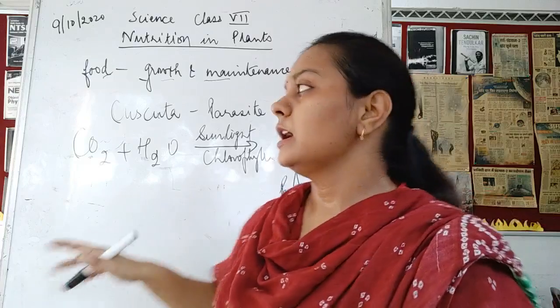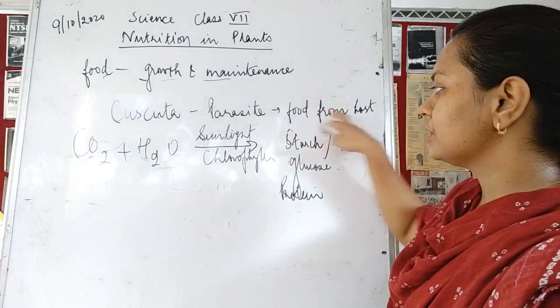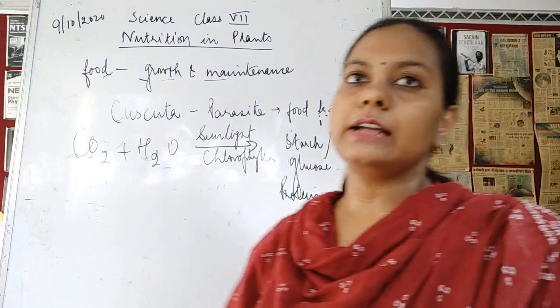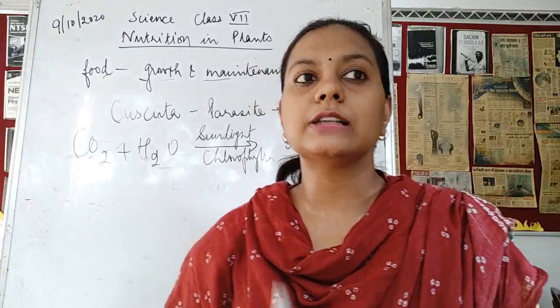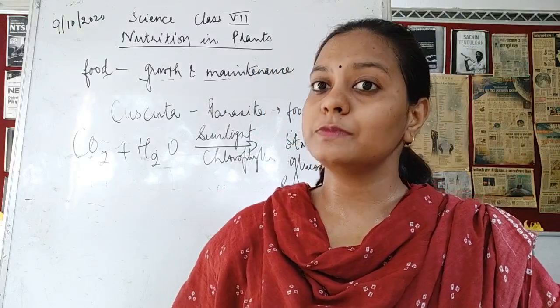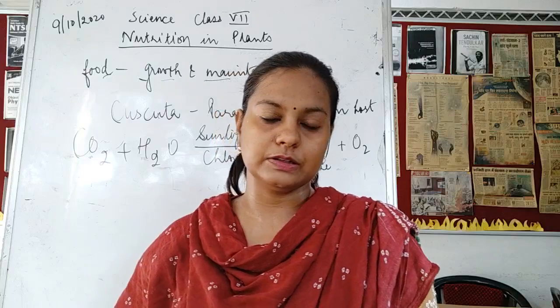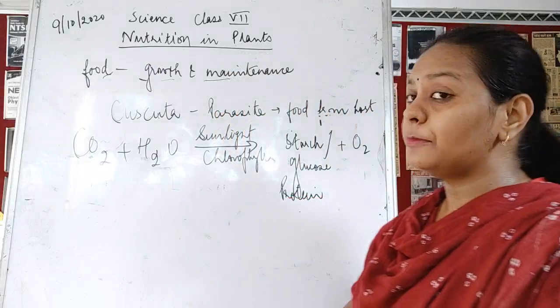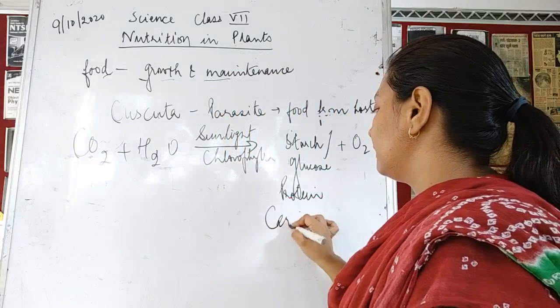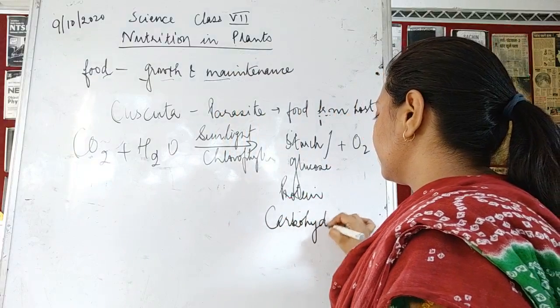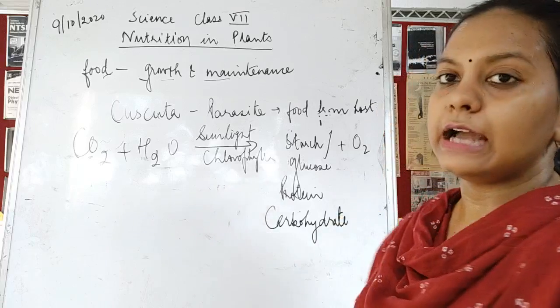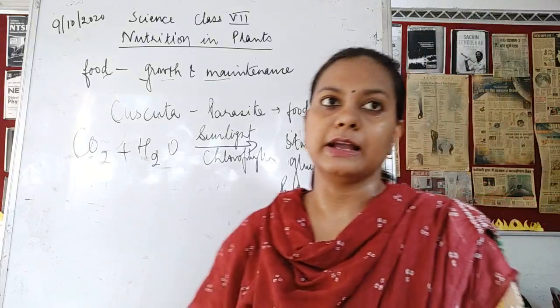Why are we saying this? Because here starch, glucose, all these are types of carbohydrate. So these carbohydrates are the forms of the food which is being prepared after the process of photosynthesis. That is why the carbohydrate is a type of food which is being synthesized by these plants.